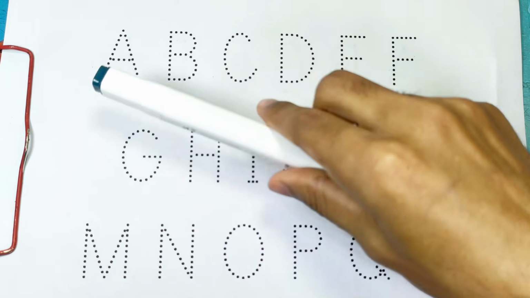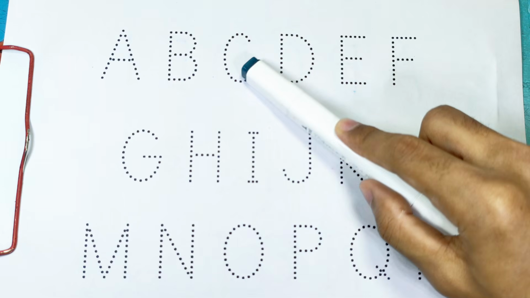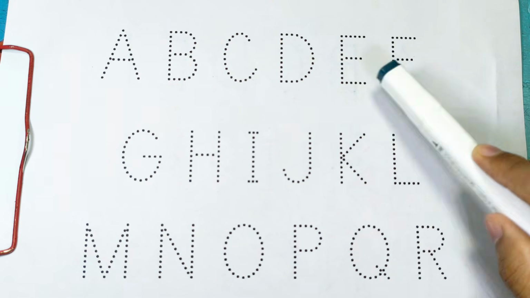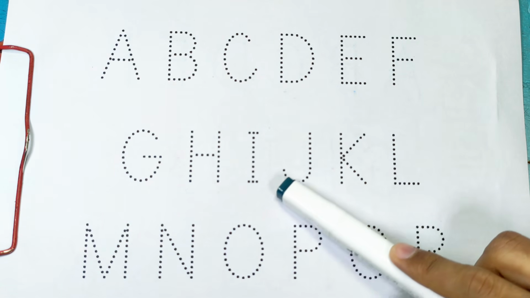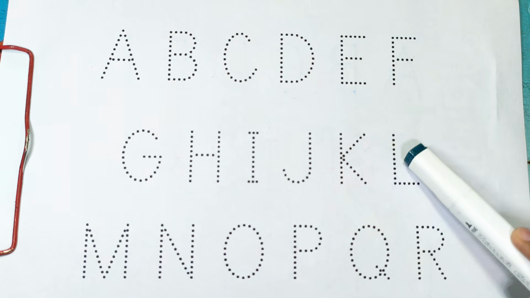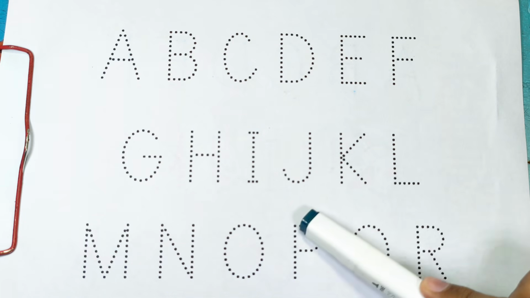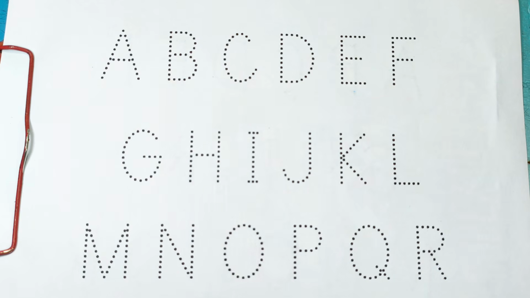Forest green color. Today we're writing the alphabet of A. The next one is B, C, D, D for doll, E, and the next one is F, G, H, I for eyes, J, K, L. The next one is M, N, O, P, Q, R. Now we start writing alphabets.